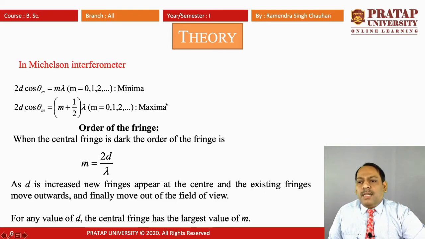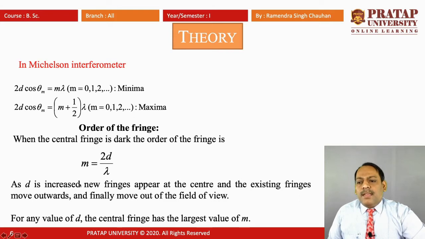So the order of the ring, when the central fringe is dark, is m equal to 2d by lambda. Here, when we are observing at the center, theta will be 0, and when theta is 0, cos theta is 1. So we have 2d is equal to m lambda, and from here m is equal to 2d by lambda.